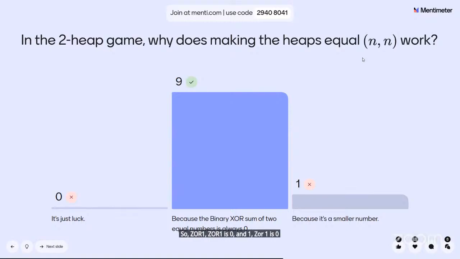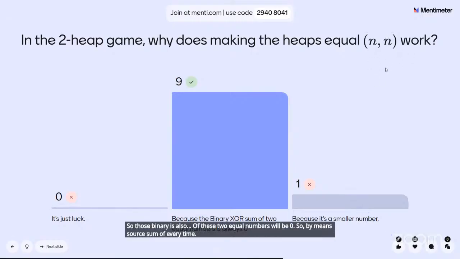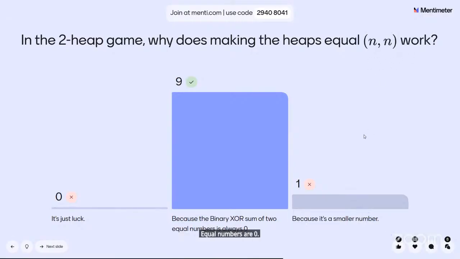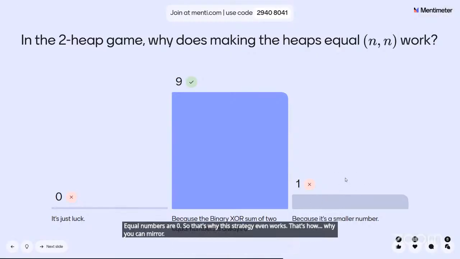So it will become 0 0. So the binary XOR sum of two equal numbers is 0. The XOR of equal numbers is always 0. That's why this strategy works, and that's why you can mirror those strategies.